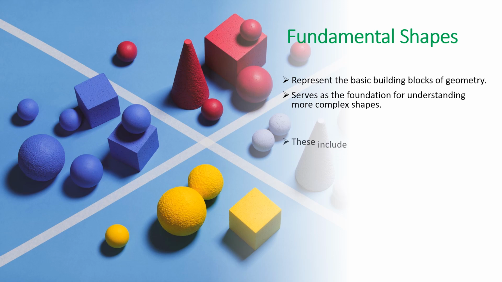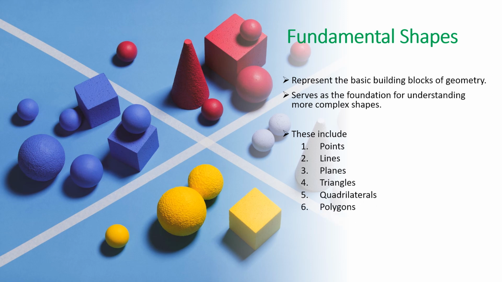Some of them are points or dots, lines, planes, triangles, quadrilaterals, polygons, circles, spheres, cubes, etc. Look at this. A point has no dimension, whereas a line is a one-dimensional shape.